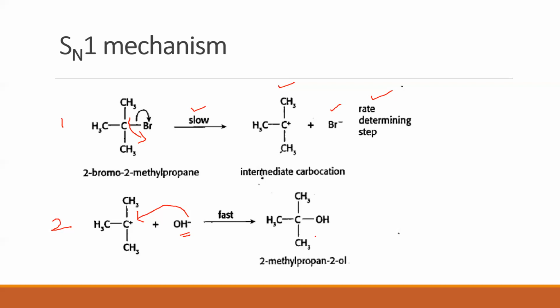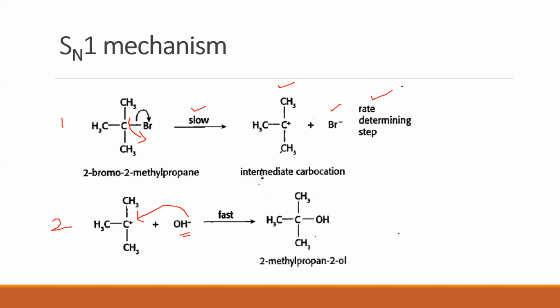Clear? Compared to the previous step, this step is fast. Therefore, this is not the rate determining step. The first step is the rate determining step. This is called the SN1 mechanism.